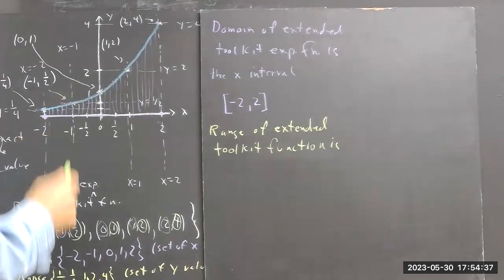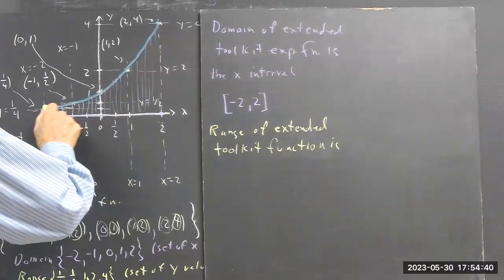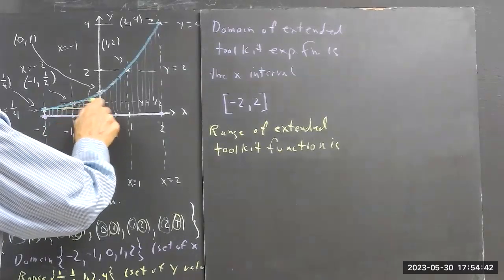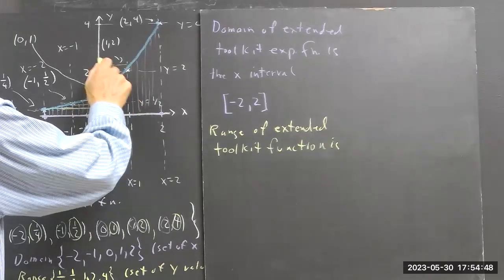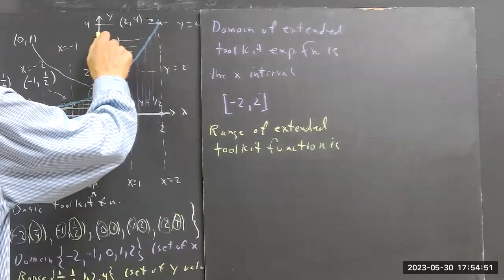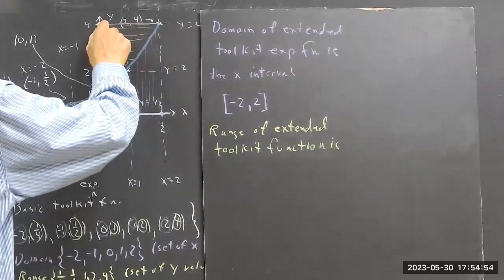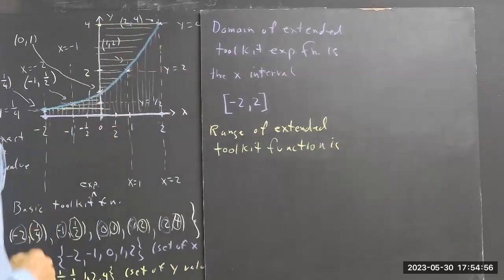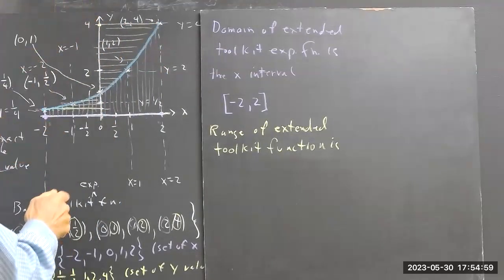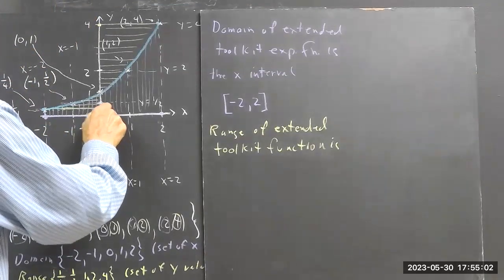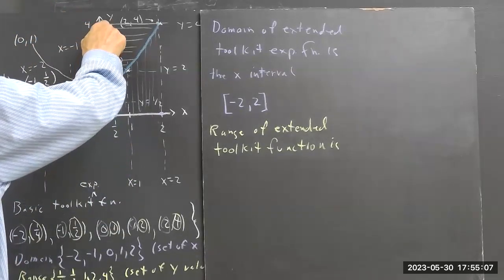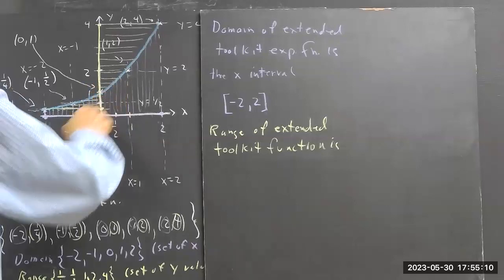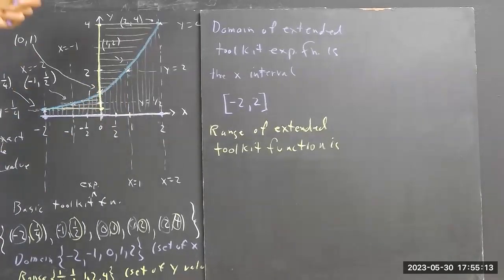Well, we can take the green chalk and start drawing lines from points of the toolkit over to the y-axis. We see that the highest value is 4 and the lowest value isn't 0, it's 1/4, right? So right there, y equals 1/4, right there's y equals 4, and again, every point between is in the range. Okay.